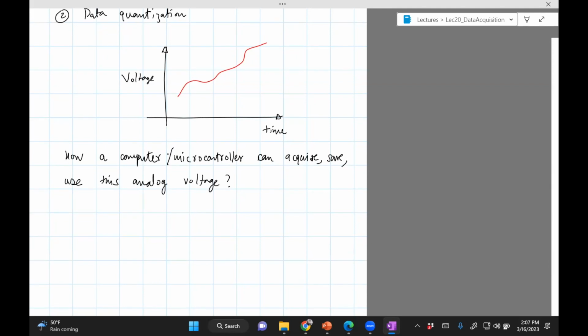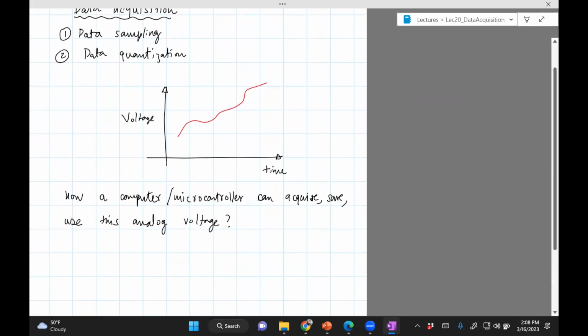Okay, so what we'll do is I'll break it down. I'll first talk about data sampling, which is very important, and then I'll talk about data quantization. So we'll cover these two parts separately.